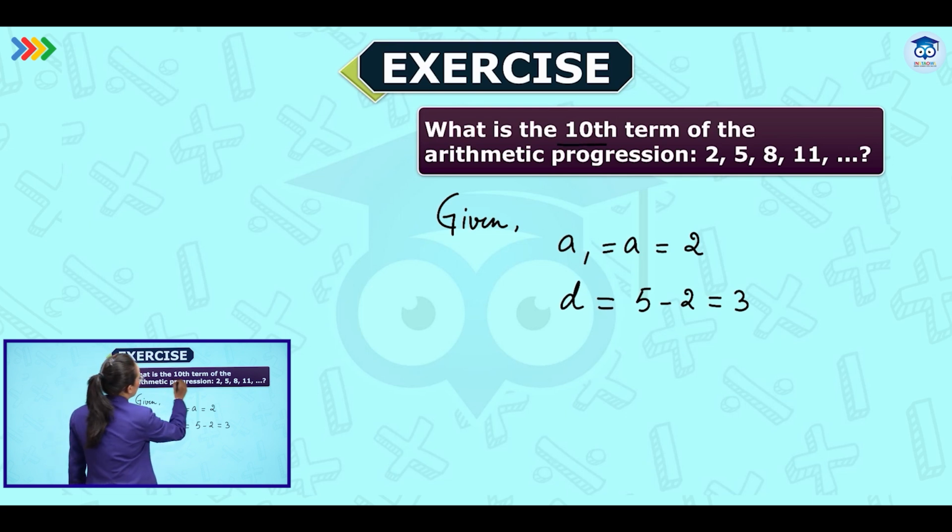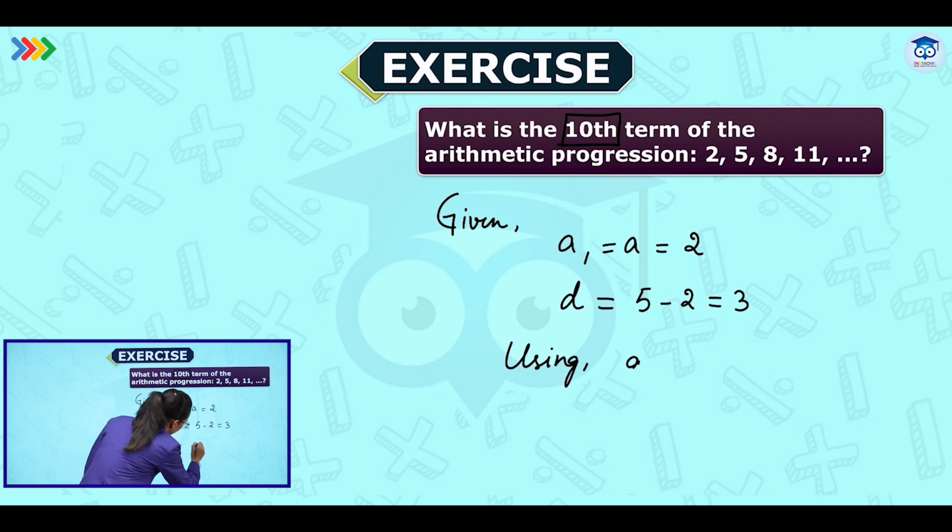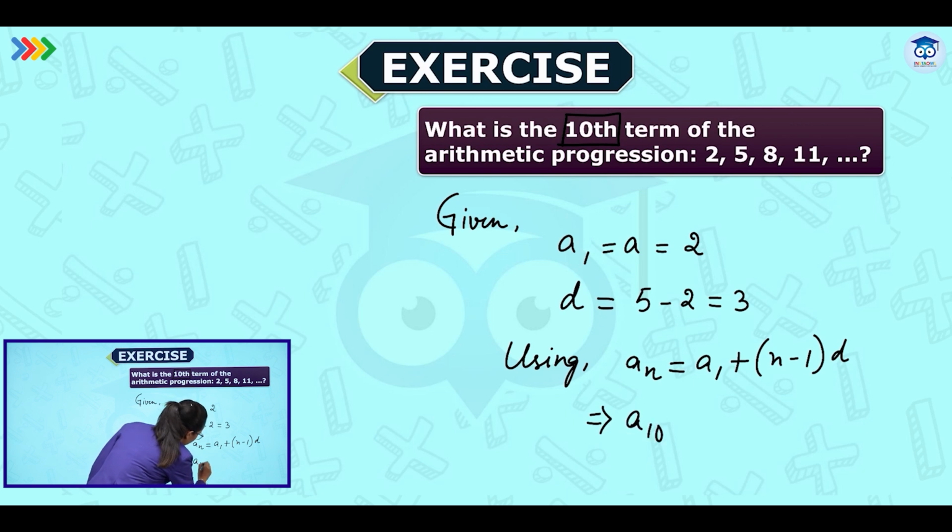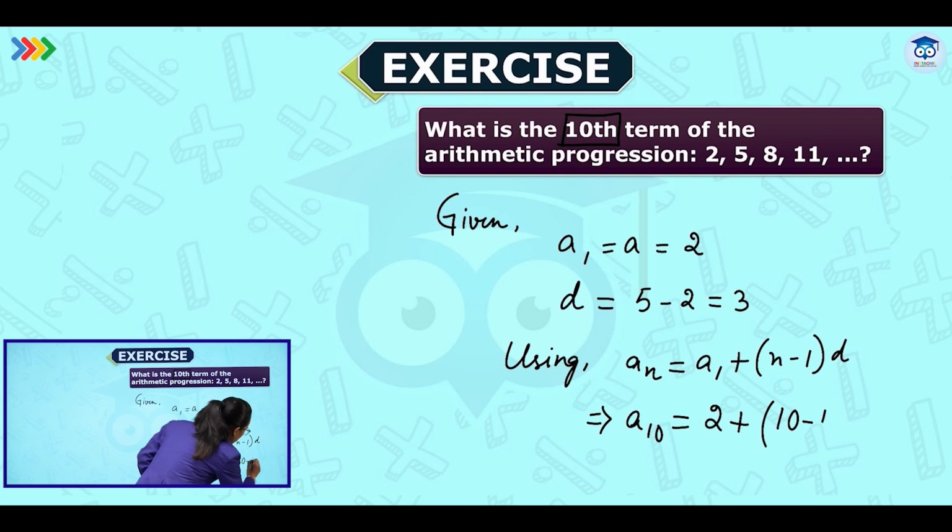So we have the value of a1 and we have the value of d. Now we want the value of the 10th term. Using an is equal to a1 plus n minus 1 d, we can calculate a10. The 10th term is a1, which is 2, plus n minus 1, where n is 10, so 10 minus 1, and d is 3.